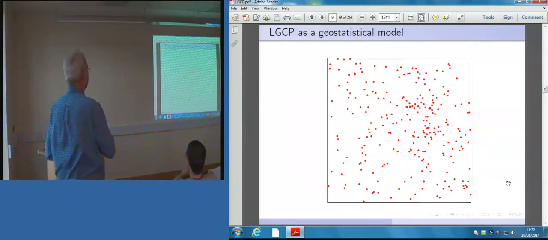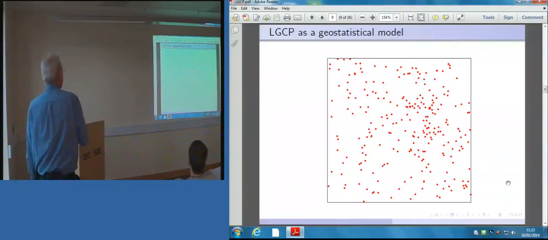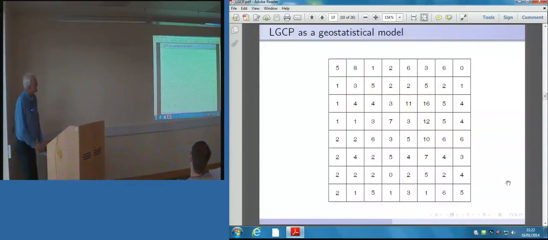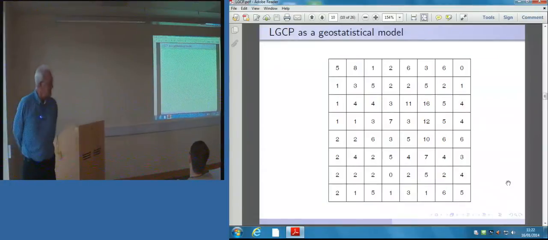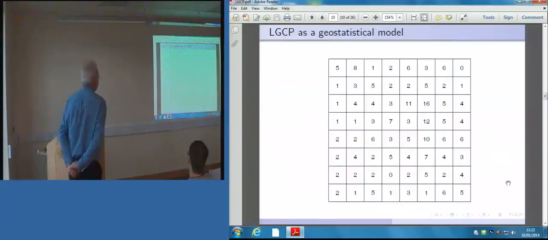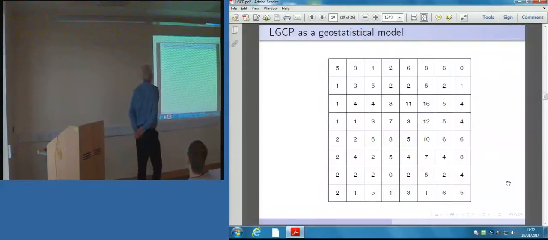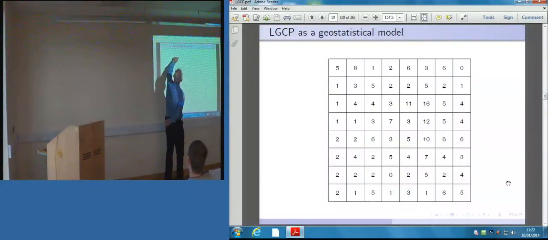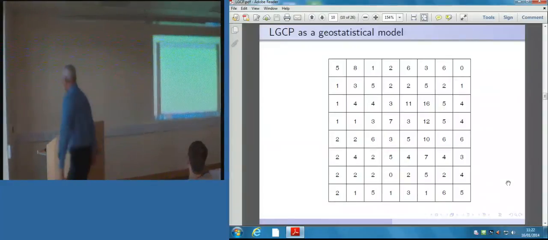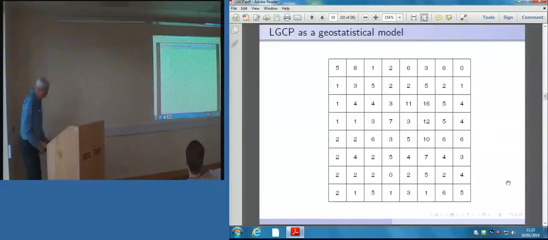Well, you may already think that's obvious, but just in case it isn't, if you couldn't be bothered mapping the points individually, you might settle for counts in regions. And you might then say, the natural model for small counts is a Poisson distribution, and it wouldn't be too naughty of me to simply pretend that these counts were at the centre of each square. So there you are, you've got a geostatistical data set now with Poisson counts.